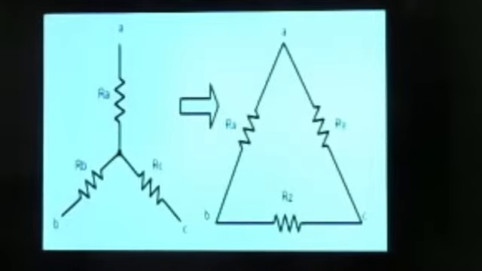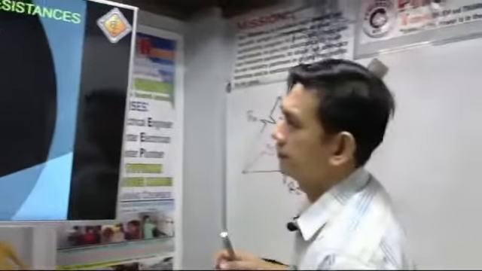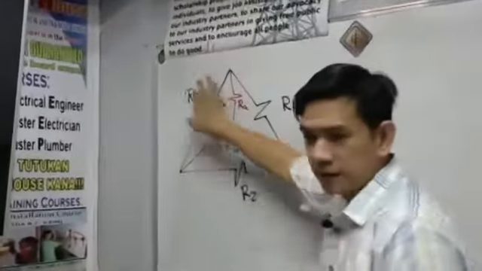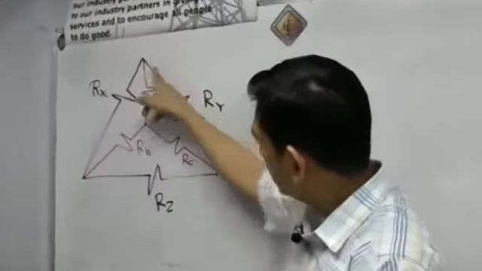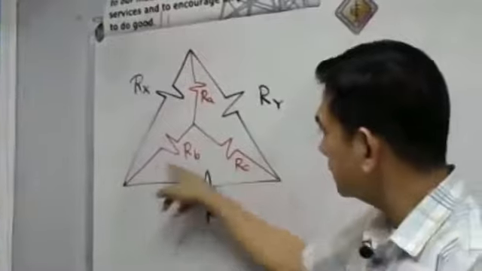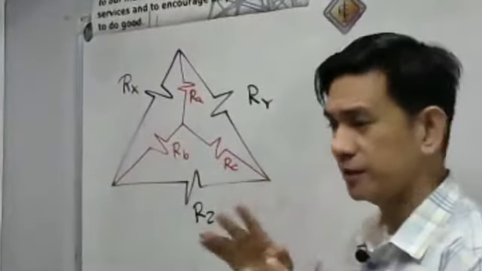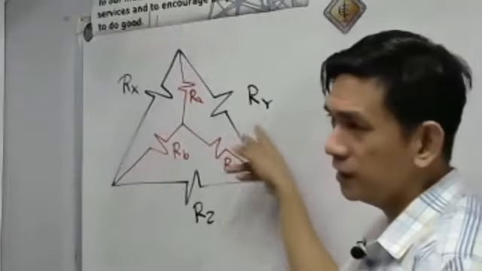So this is our Ra, then we have our Rb and our Rc. So it is here in our board that if we are given resistors connected in delta, that can be converted into Y resistors, or vice versa. If we have the Y resistors, it can be converted into delta.